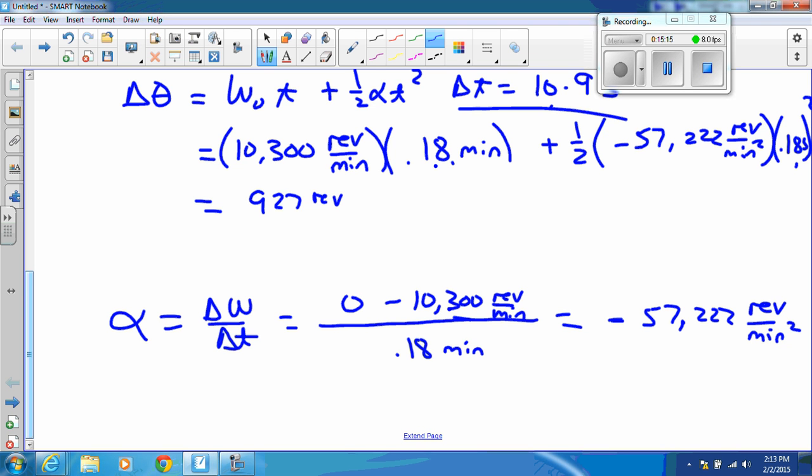If I use 0.182, then I get 937. Still off by. Yeah, I think we're right, actually. Given their time here, then this is correct. 937 is slightly more.